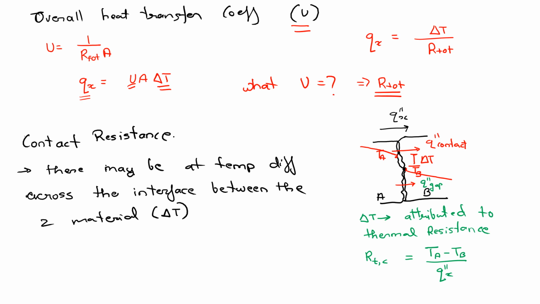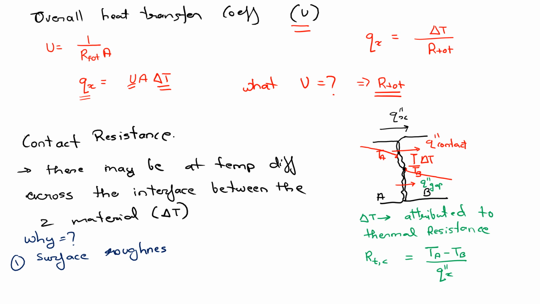Okay, and why do we have this temperature drop? The two reasons are surface roughness. So due to the surface roughness, both the surfaces might be uneven, and due to the unevenness they will not be perfectly matching.